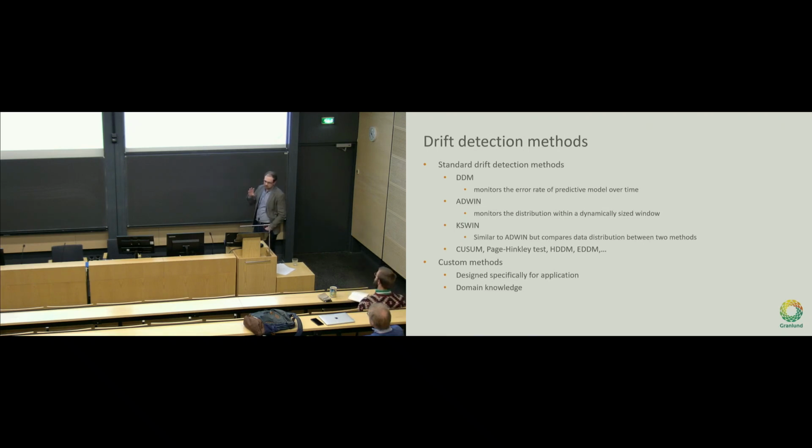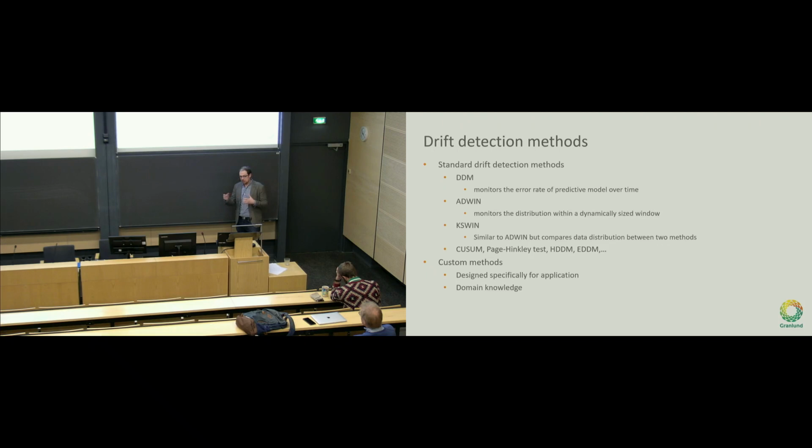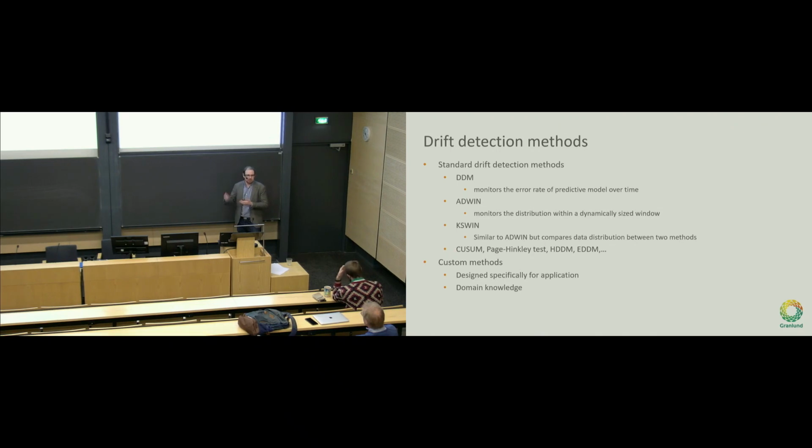They differ in the way they work, but the idea is to monitor either the error rate or something else, and then you either decide yourself as a human what you will do, or you make a system that will automatically take some action of retraining or whatever.